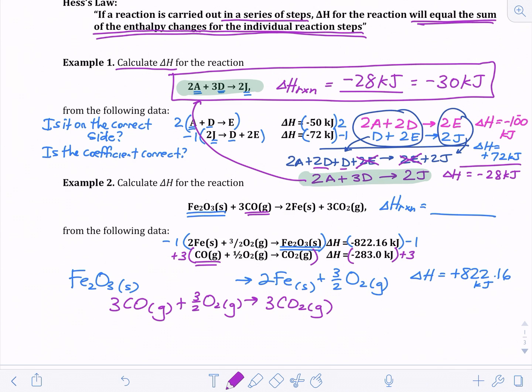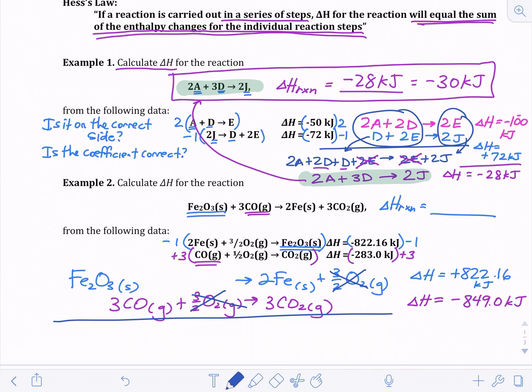Most of the time then we can figure we're done if we did it all right. I'm going to multiply that 283 by 3 and I get negative 849 kilojoules. So let's just see if we've added up our reaction correctly. Those 3/2 O2s cancel, and I do that up above sometimes just to make sure.